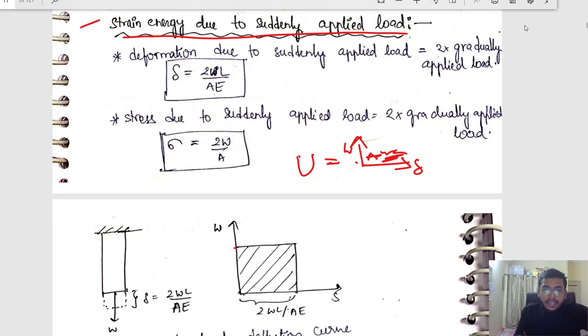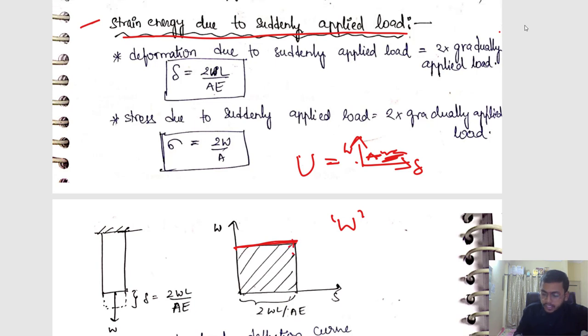So in the suddenly applied load, we are applying all the W at the same time, right? So I am getting a straight line and the deflection is also constant, so I will be getting another straight line. So what did I get? I got a perfect rectangle. The area of this rectangle will give me the strain energy stored because of the suddenly applied load.